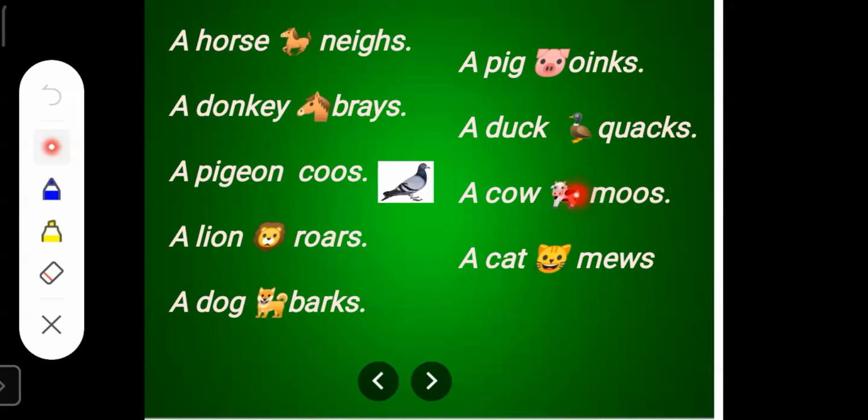So when a cow makes a sound, we say a cow moos. The sound made by a cat is called mew. So when a cat makes a sound, we say a cat mews. So children, these are the animal sounds.